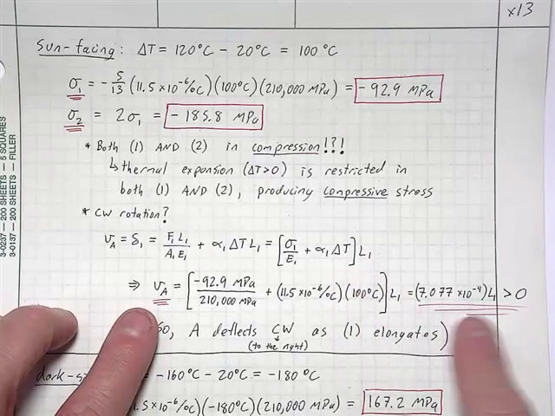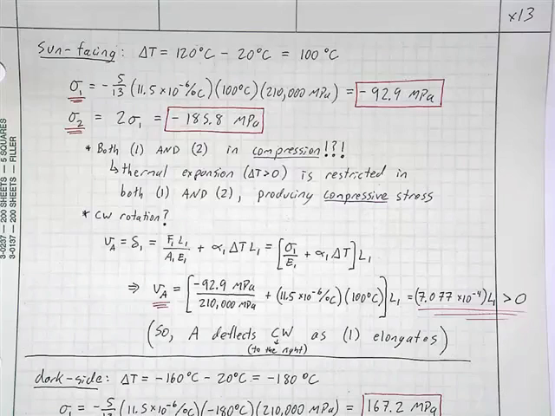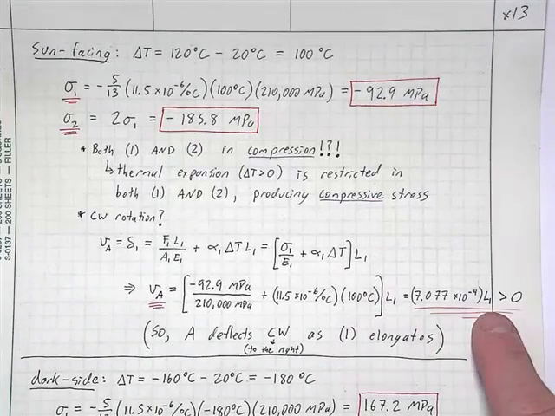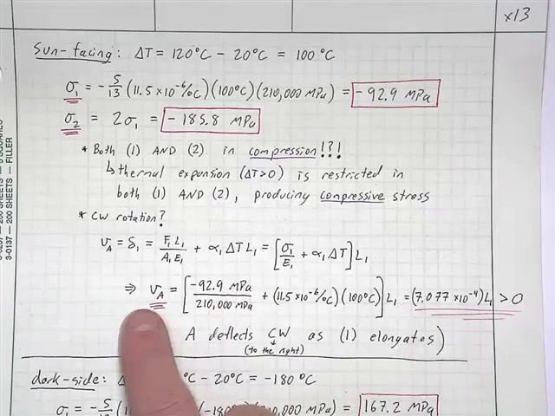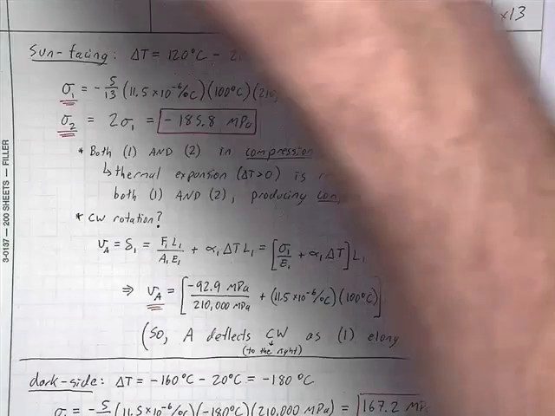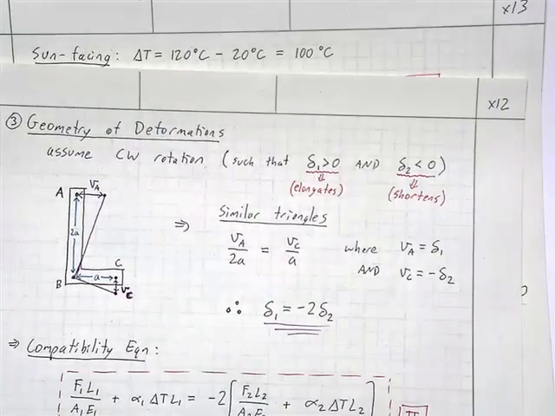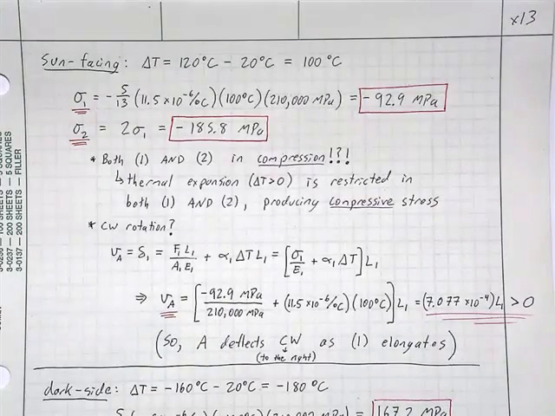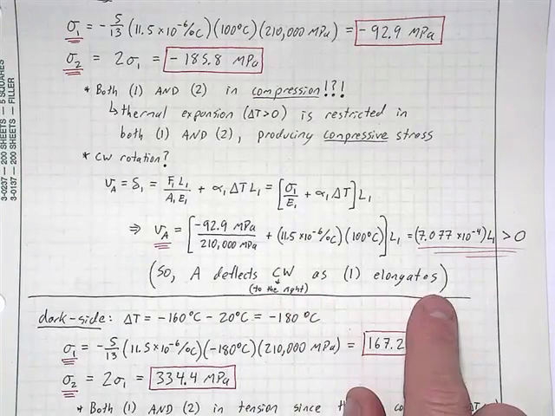The length of 1 is unknown and never given to us, but it doesn't matter. All I'm doing here is checking that the deflection at A is a positive quantity. So because it's a positive quantity, it means that our original assumption was correct, and it does rotate in a clockwise fashion here. So A deflects in a clockwise fashion to the right as 1 elongates.